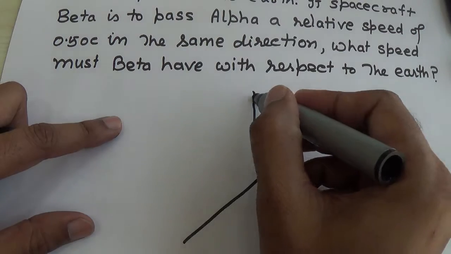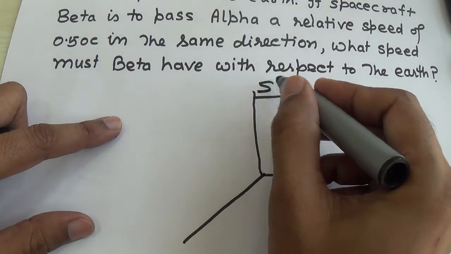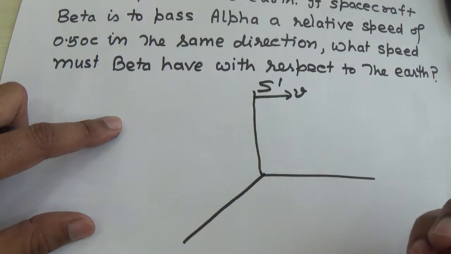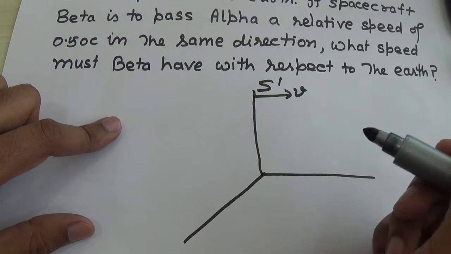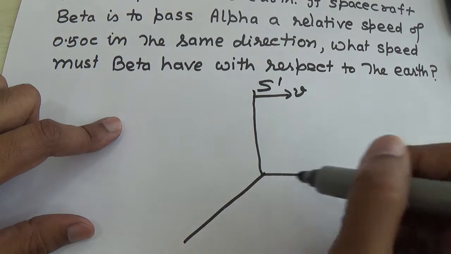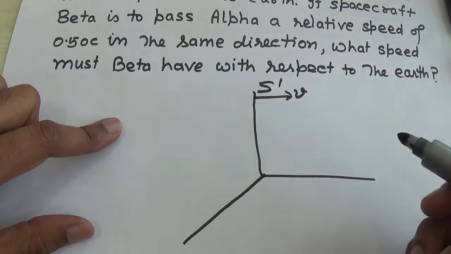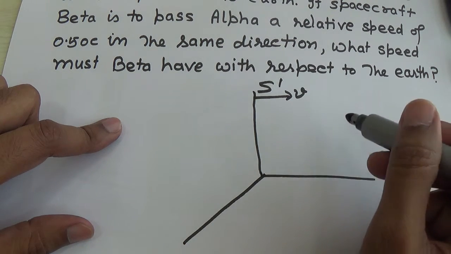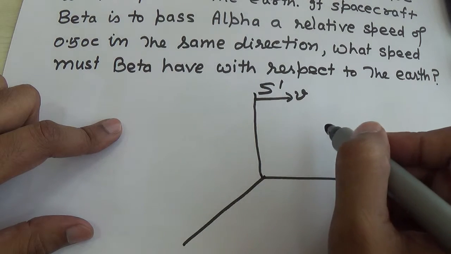Suppose this is the S prime frame, moving with speed v, but here I have to generalize this S prime frame by connecting it with the spacecraft.